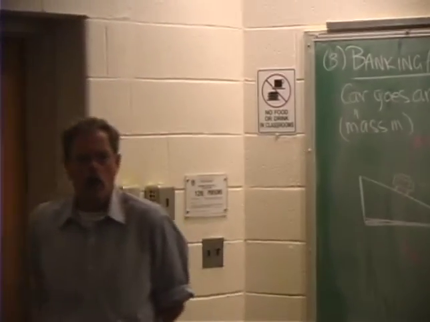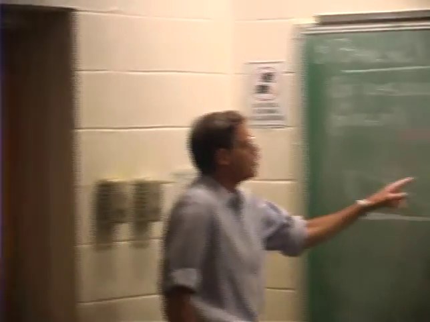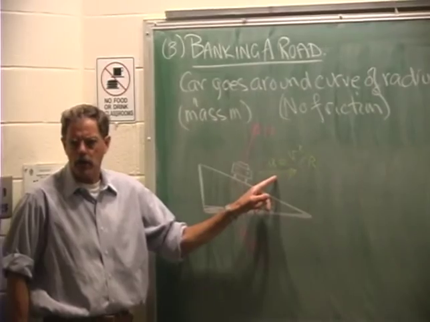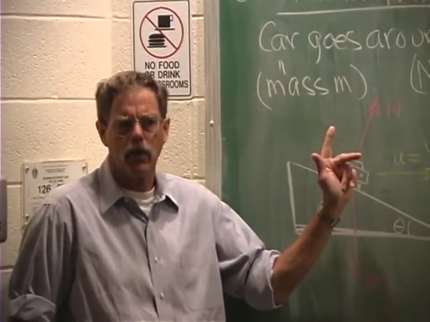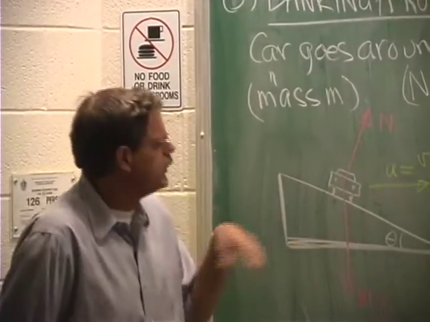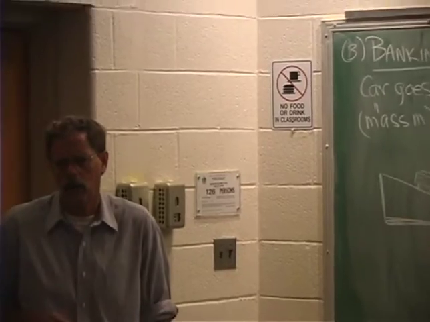I'm going to do them horizontal and vertical. How come? Because I happen to notice that the acceleration is horizontal, and it's useful to have the acceleration pointing straight along one of the coordinates. Otherwise I'm going to have to take components of the acceleration too, and I don't want to do that.